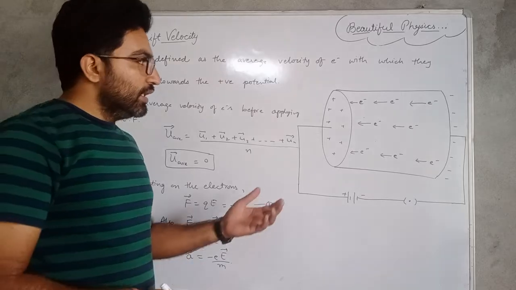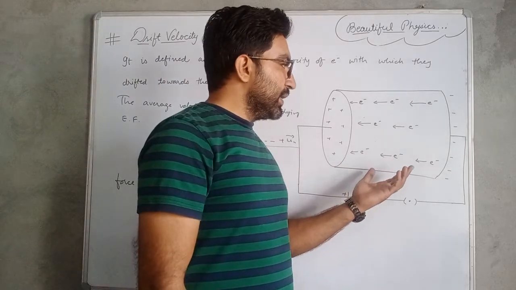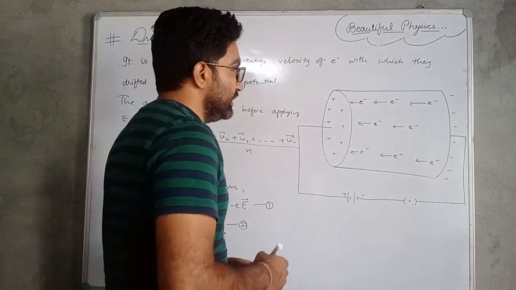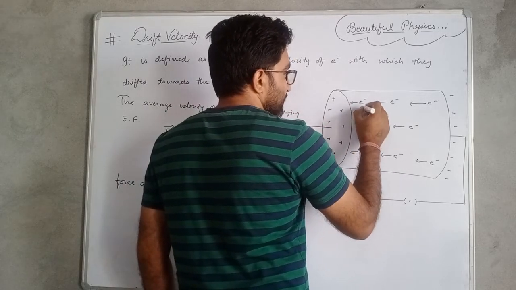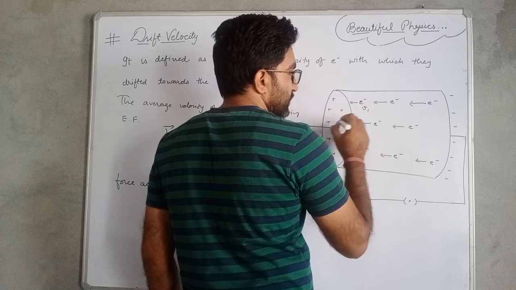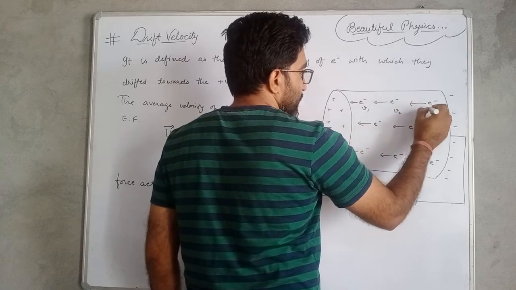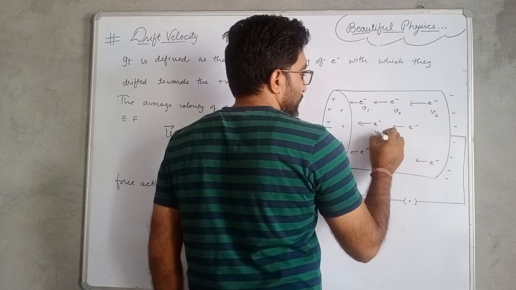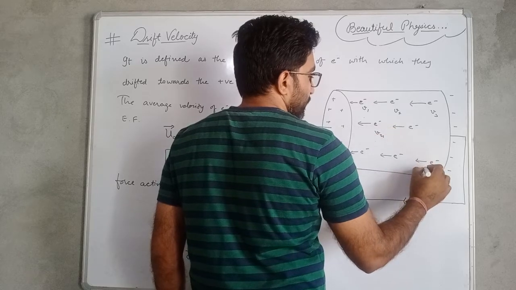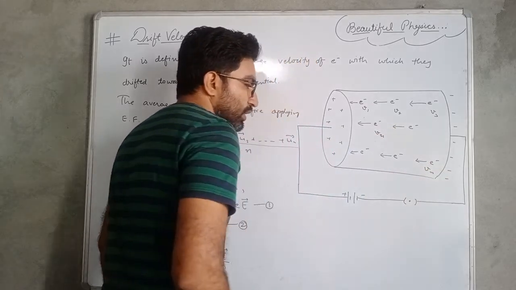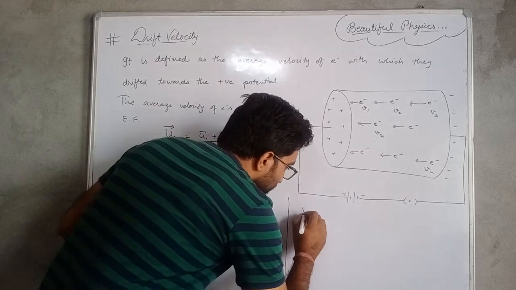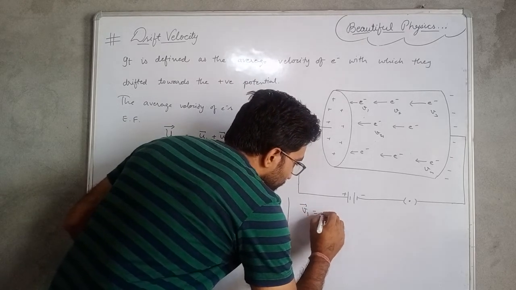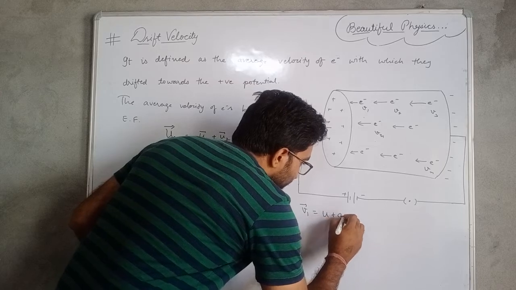Now we have to find the drift velocity. Okay, when the electric field is applied, then each electron will drift towards the positive potential. Let us say the first is drifted with velocity v1, second one is velocity v2, v3, v4 up to vn. So the value of v1 will be v equals u plus a t.